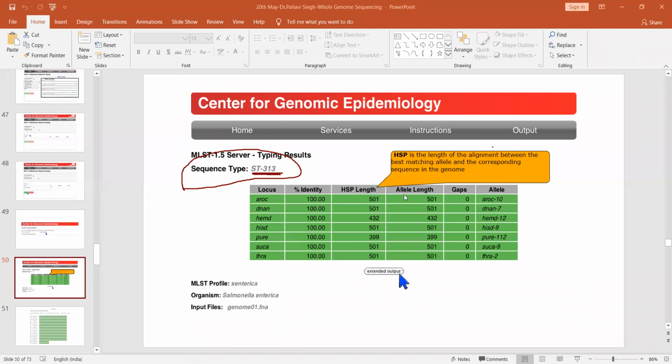The sequence length is this, and the identity is 100%. So you can see that in all these alleles, the maximum length of matching HSP is 501, and others are below it, 432 and 399.